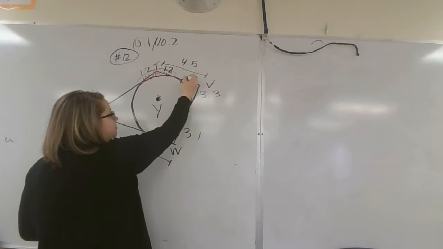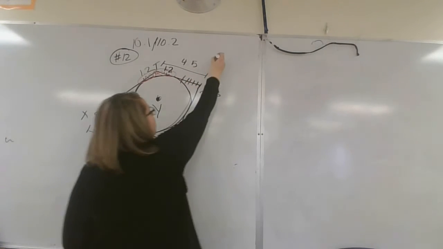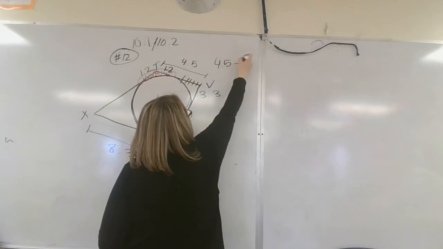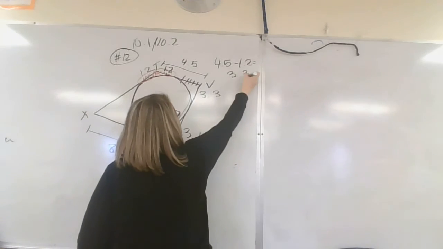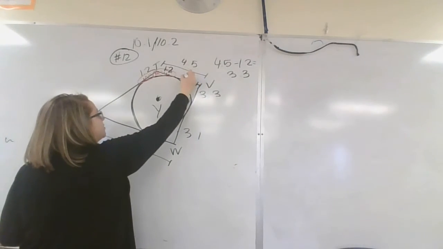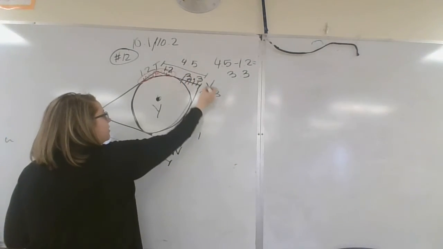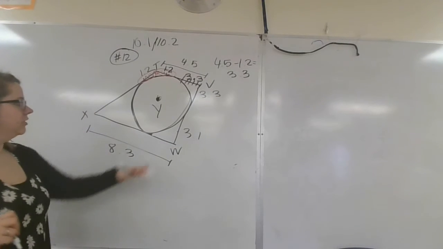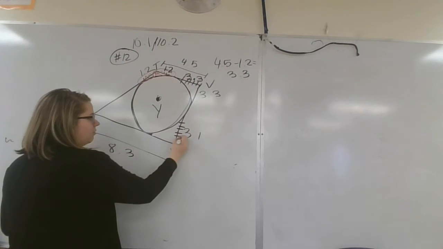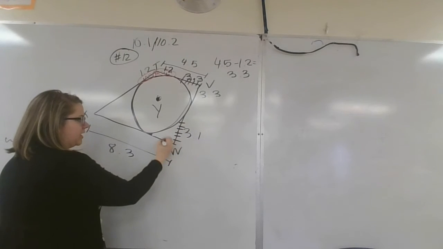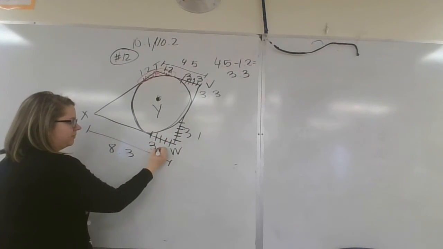Now to find out this portion here, I'm going to take 4.5 minus 1.2. That equals 3.3. So this portion right here is 3.3. 3.3, 3.3, they match. So this is 3.1, and that matches this guy right here, which is also 3.1.